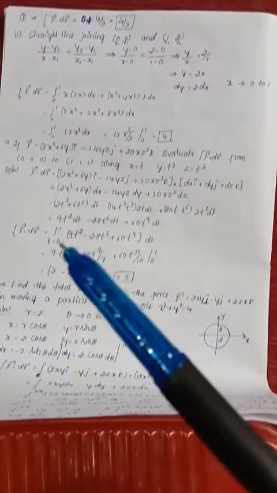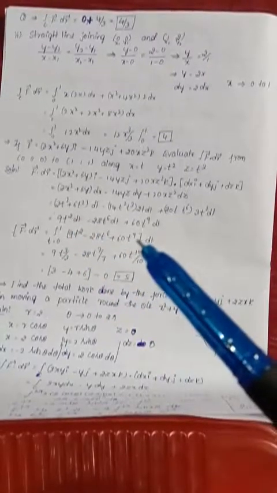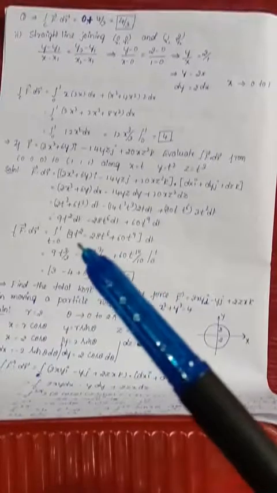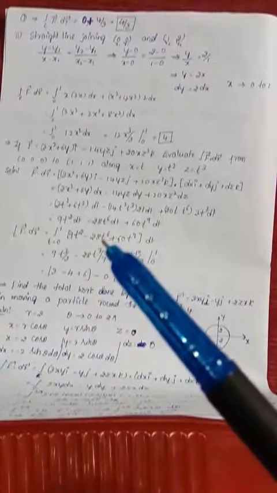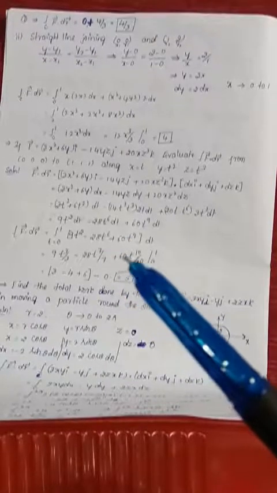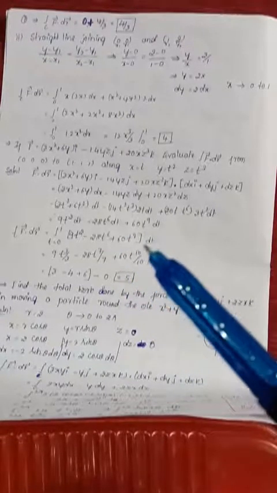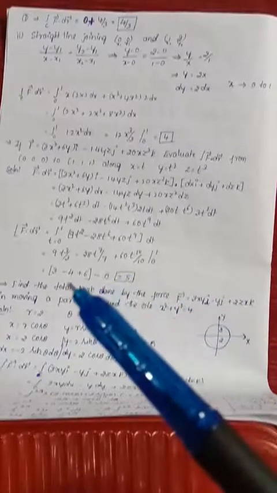So t varies from 0 to 1. Substitute the f dot dr value. Here 9 into t square integrates to t cube by 3, minus 28 into t power 6 is t power 7 by 7, plus 60 into t power 9 is t power 10 divided by 10, between the limits 0 to 1. Apply the upper limit minus the lower limit, we get 5.